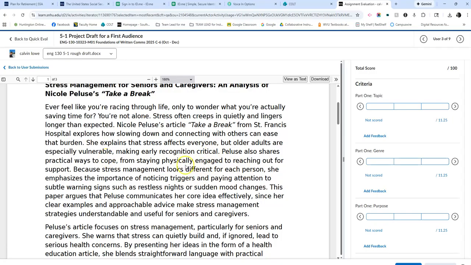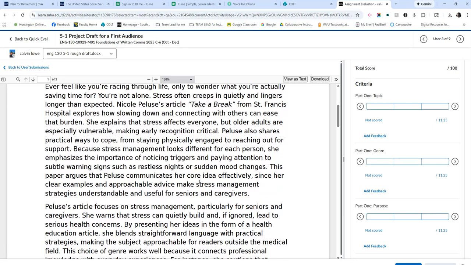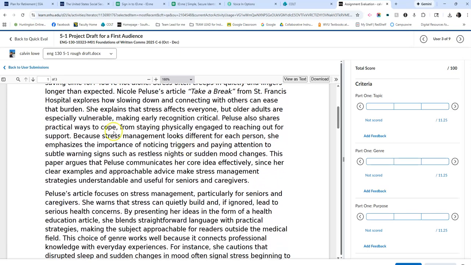You can be very general in the introduction because you're just trying to introduce the topic and get your audience interested. Save these more detailed parts for the body paragraphs. You want to get right to the thesis statement. Now, where is your thesis? This paper argues. When you say this paper, I'm assuming you're referring to your paper.